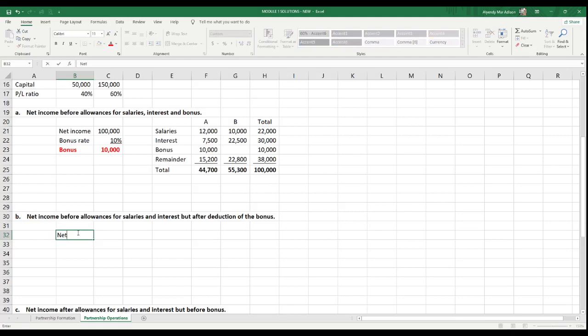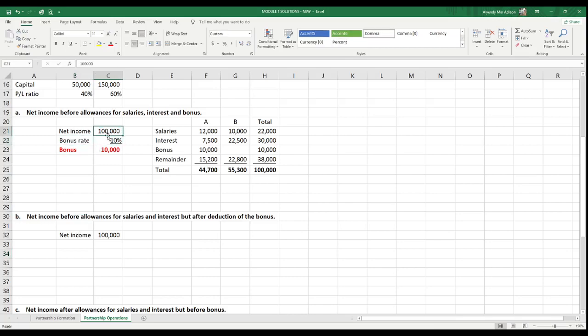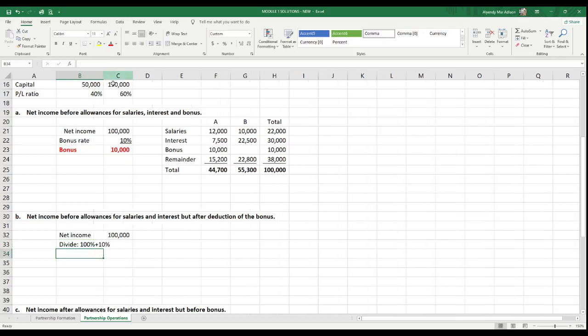So, class, in the case of net income after bonus, you will compute it like this. We have the net income of 100,000. Unlike here, where the bonus rate is directly multiplied, in the after-bonus method we will first divide it by 100% plus the 10% bonus rate. So that is 1.10.